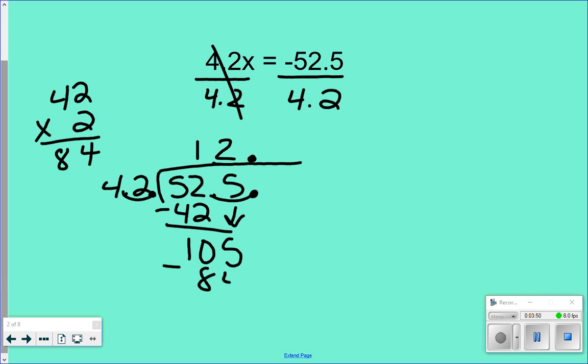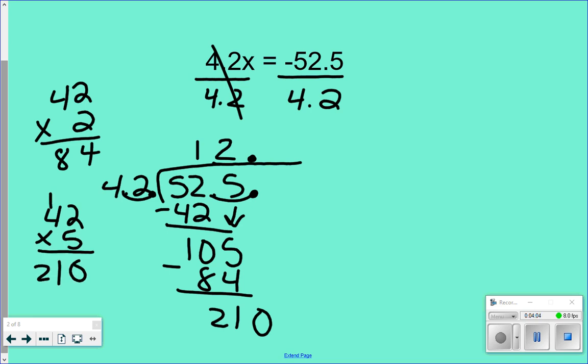Minus 84. 10, 21, and then a 0. So I'm going to bring a 0 down. 42 times 5. Is that right? Look at that. 210. So x is going to equal 12.5, 12.5.